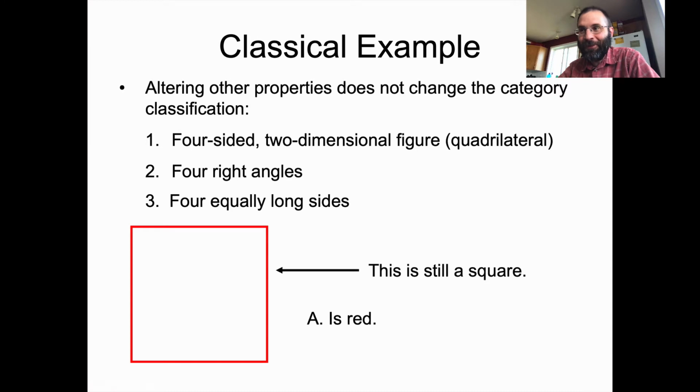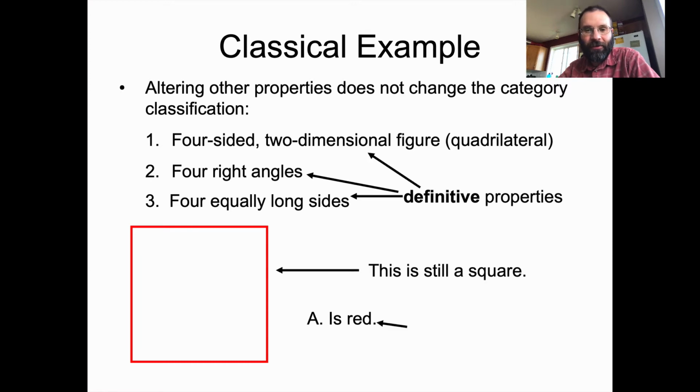This is the substance of a square, and this is the accident of a particular square. You can think about that using the terms I gave you before. These are definitive properties up here for this thing, and this is an incidental property.